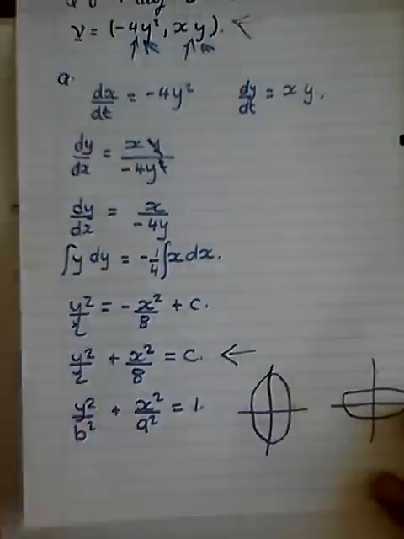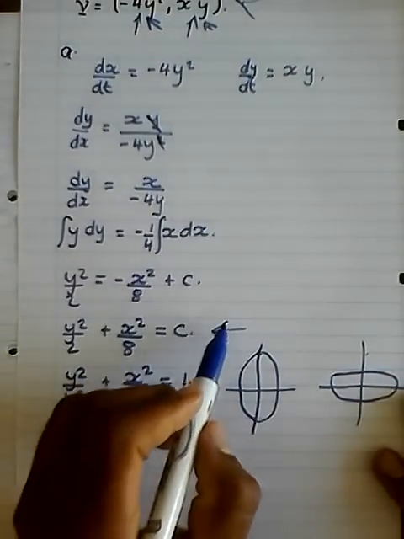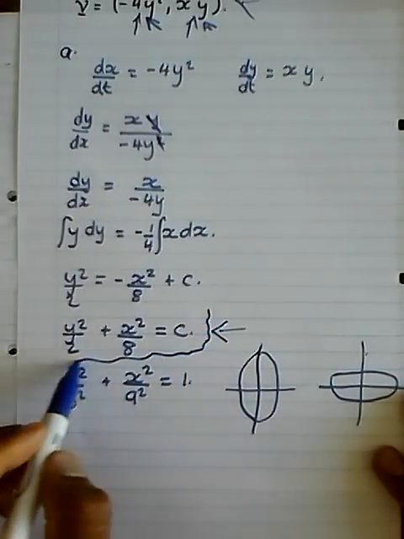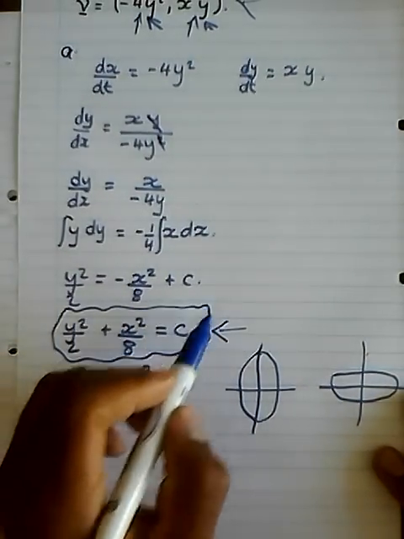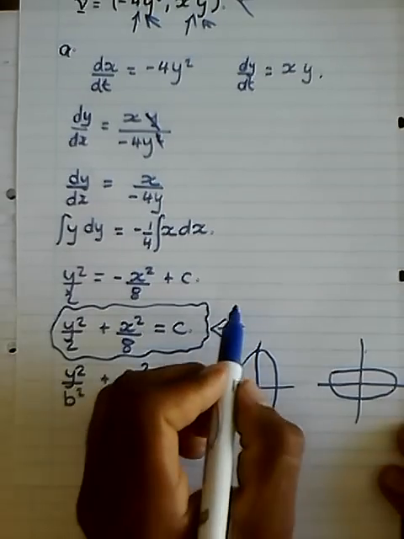Now, sketching the trajectory, I'm gonna first sketch this one here. So this is what we have to sketch, and we said that this is an ellipse.